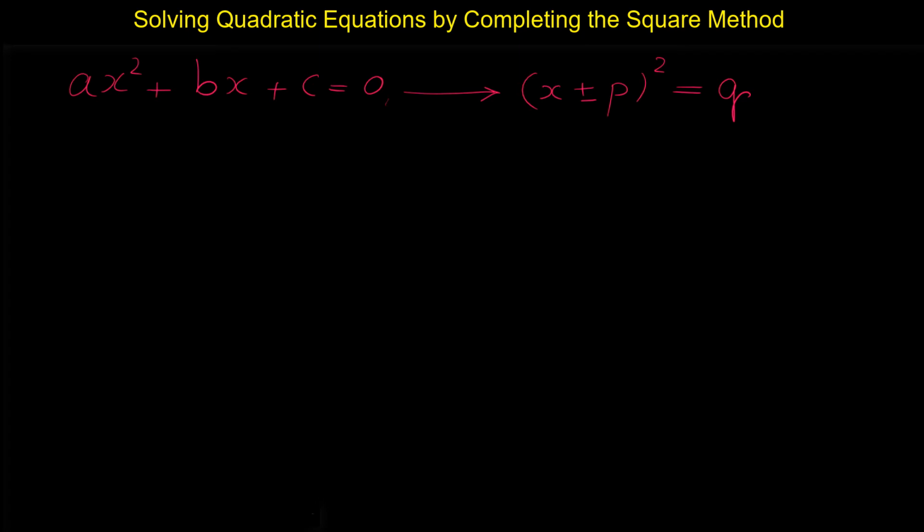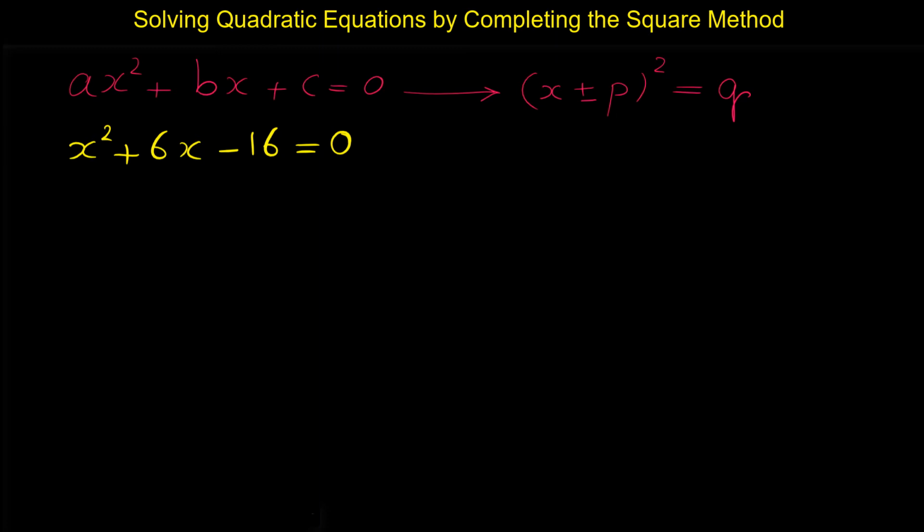But how can we convert a quadratic equation to this form? I will show you how we can do this by doing some examples. As the first example, consider this quadratic equation: x squared plus 6x minus 16 equals 0.